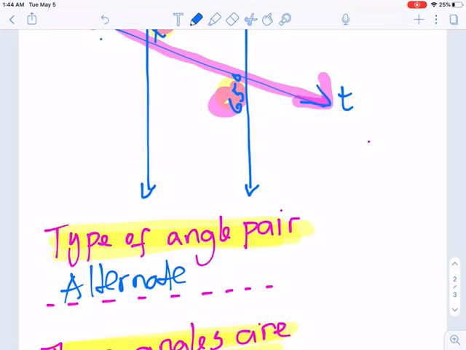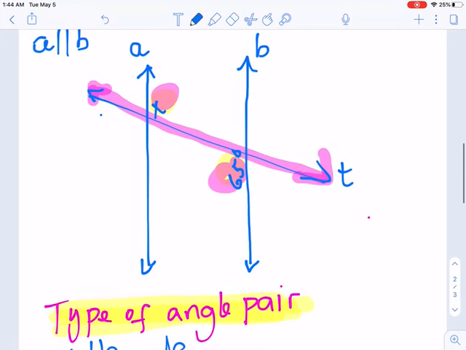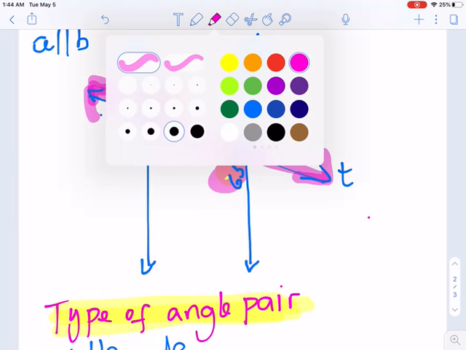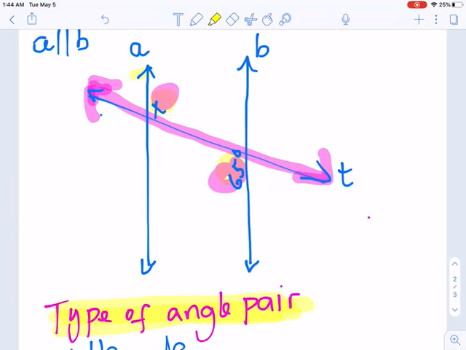They are alternate, but we are not done yet. This alternate just tells me their position in terms of the transversal. They are on opposite sides or different sides of the transversal. You can also look at the parallel lines. Where are they placed in terms of the parallel lines?